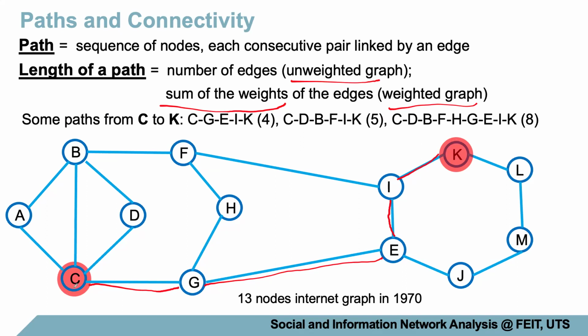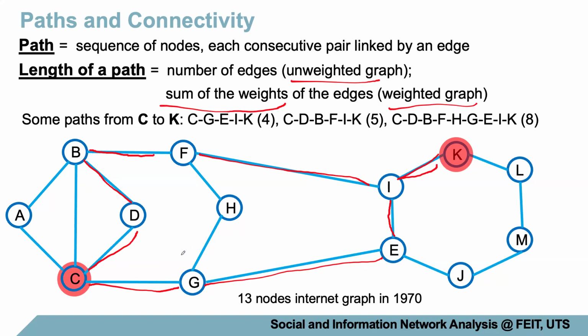So we say the length of this path is 4. Another path is from C to D, D to B, B to F, F to I, to K. This path has 1, 2, 3, 4, 5 edges. So we say the length of this path is 5.